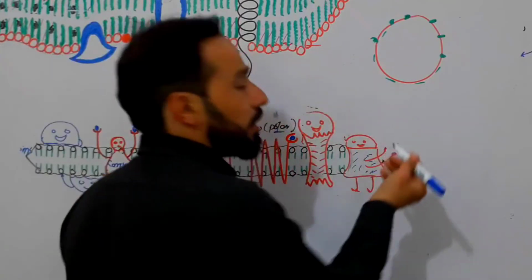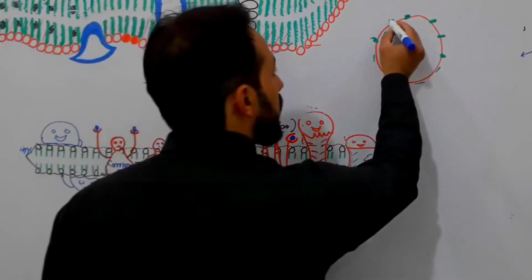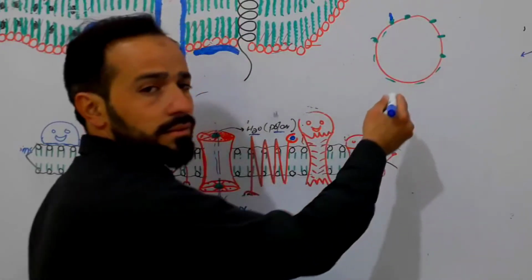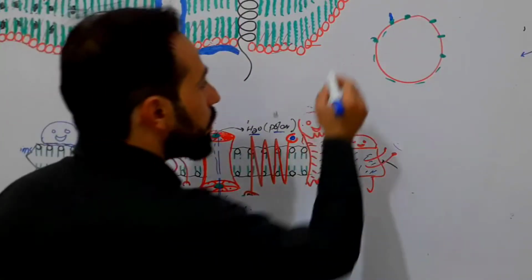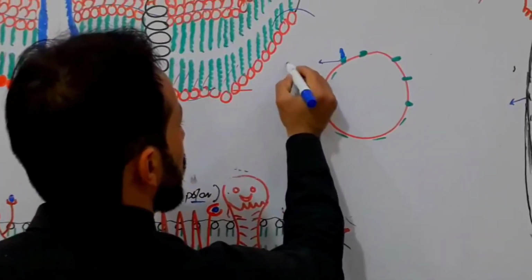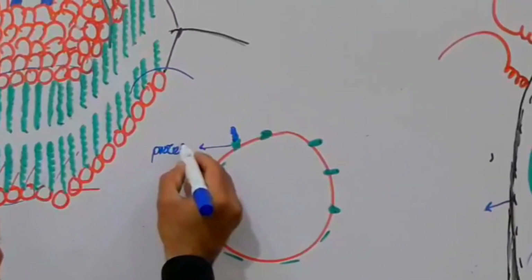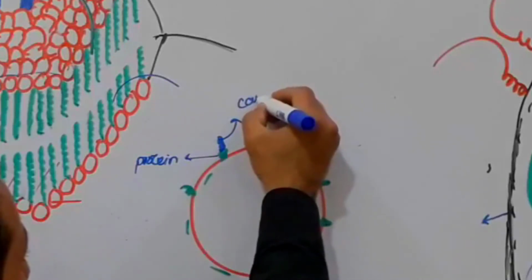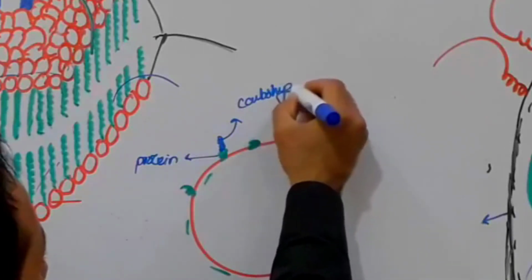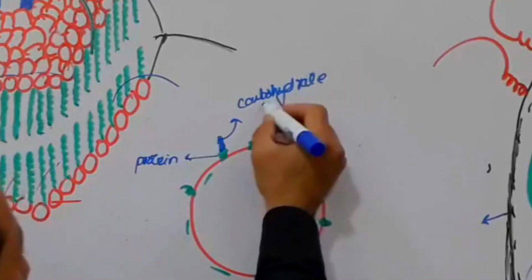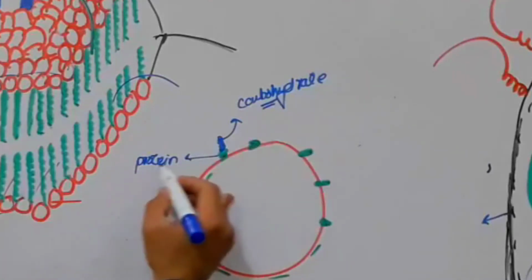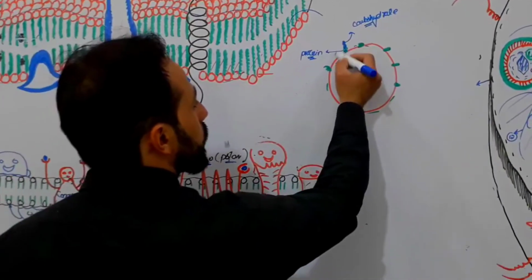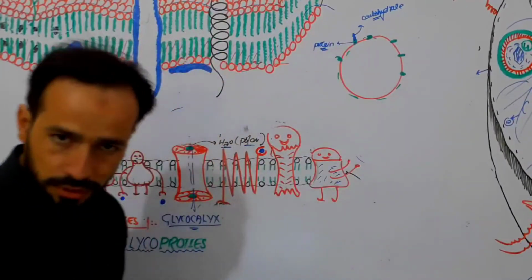So when carbohydrates are attached to the protein part of the cell membrane, that is called a glycoprotein. This green part is the protein part, and this blue part is the carbohydrate part. So when a carbohydrate is attached to a protein on the surface of the cell membrane, we call them glycoproteins.